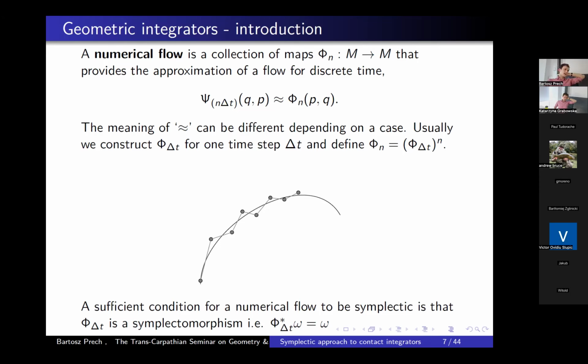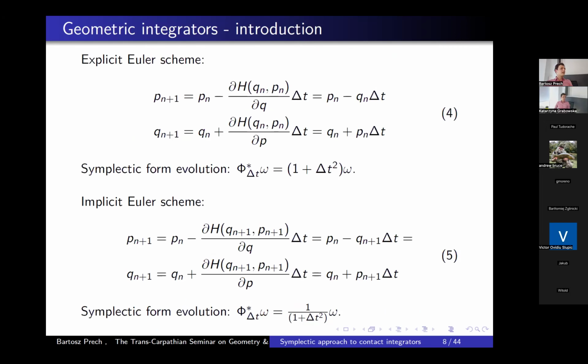Usually you would consider one time step at the moment, and the sufficient condition for this map, big psi, at one time step is that it's a symplectic integrator when it's a symplectomorphism, written at the bottom. This is psi of delta t, just a one-time-step integration, phi of delta t, this is one step. And this is supposed to be a symplectomorphism. And a few examples.